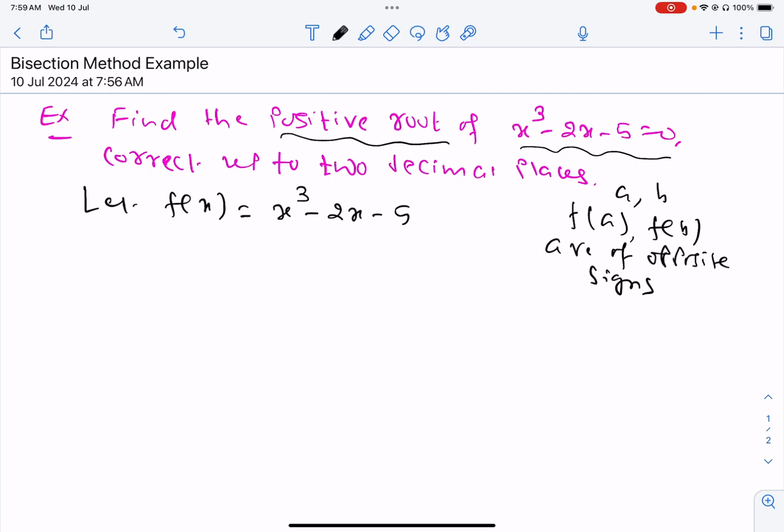So that we need to do. Let us begin from 1. So let us find f of 1. Here we keep x equal to 1. So that is 1 cube minus 2 into 1 minus 5, and that is nothing but minus 6. So this is negative.